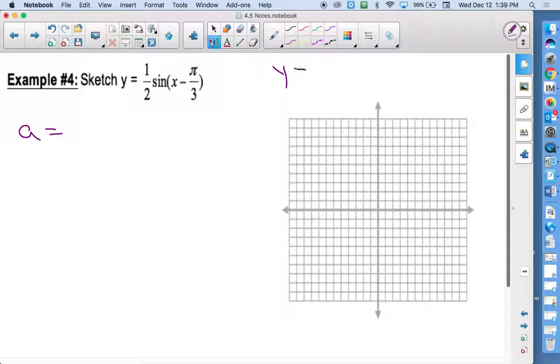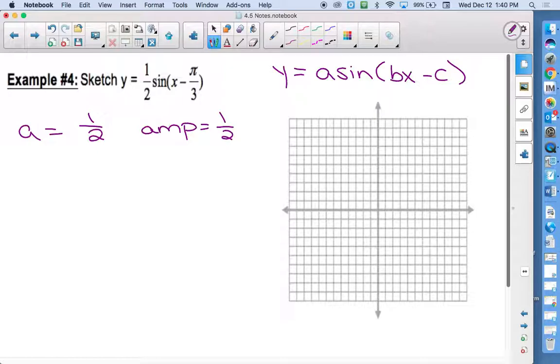Usually this would say a sine(bx minus c). So that's the standard form. Now we have the 3 letters. Just starting with a, Eris, what number is a in the equation? 1/2. So a is a half. The amplitude is also 1/2. That's the distance that we would go from the middle to the top of the wave.